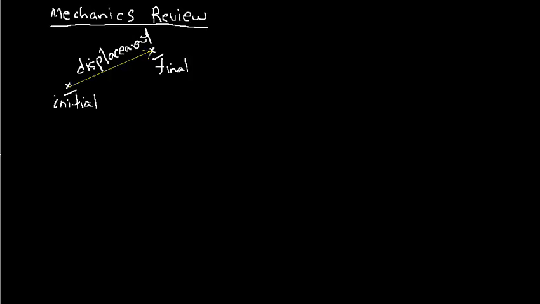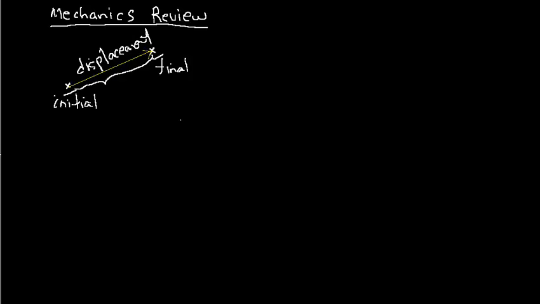The length of the displacement vector will indicate the distance. So the length of the vector tells us the distance, and the direction is going to tell us exactly the angle, or in which direction it was displaced, where the arrow of the vector is pointing.